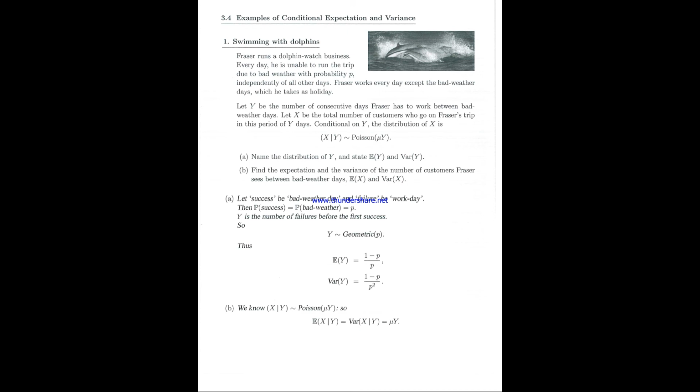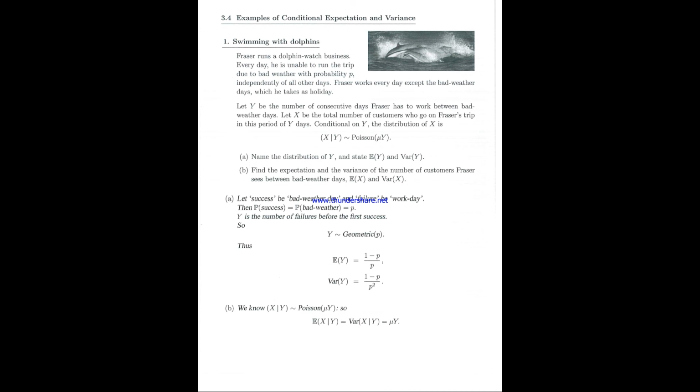So he has worked 2 days consecutively, and in that case y is equal to 2. Let's say again he works 3 days continuously, and then the following day is a bad weather day. Since he has worked 3 days continuously, y is equal to 3. So y is the number of consecutive days that he worked between bad weather days.